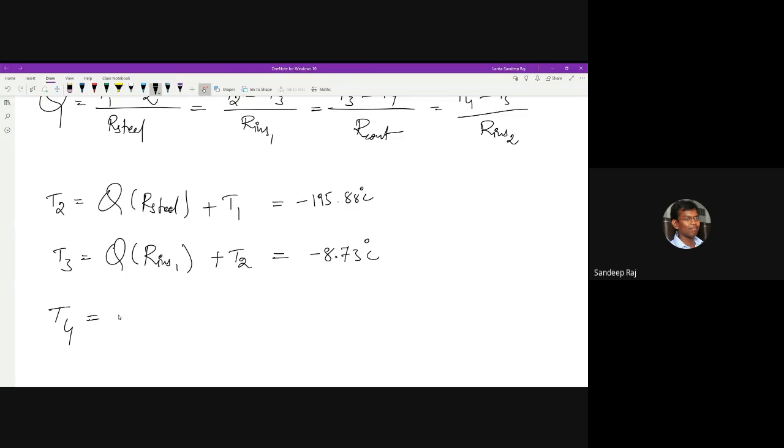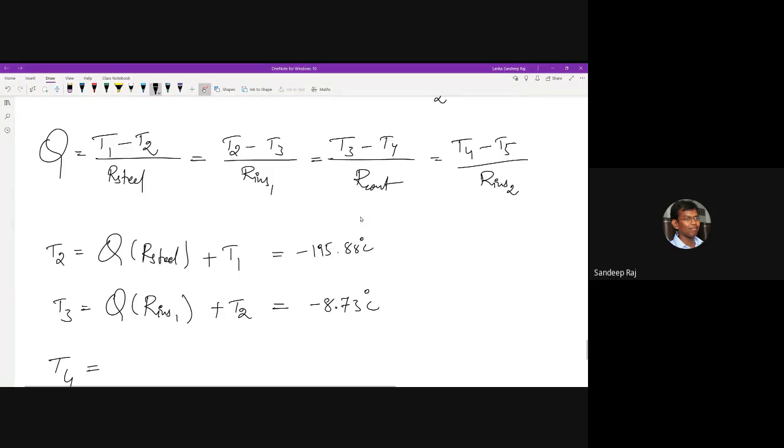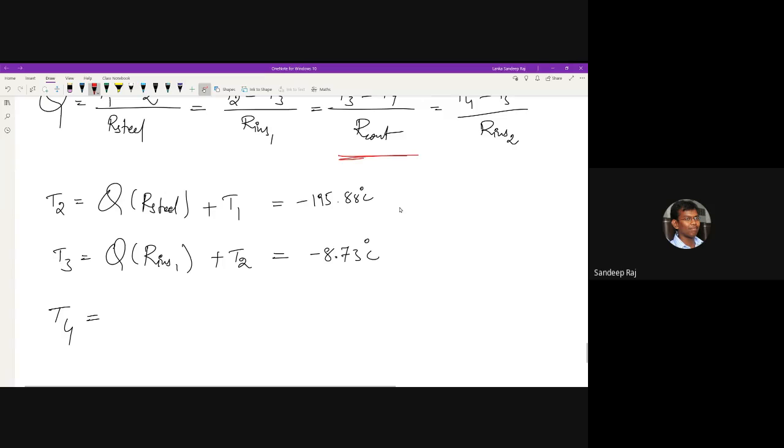Good. If you want T4, make use of this expression here. T4 is equal to Q into R contact plus T3.